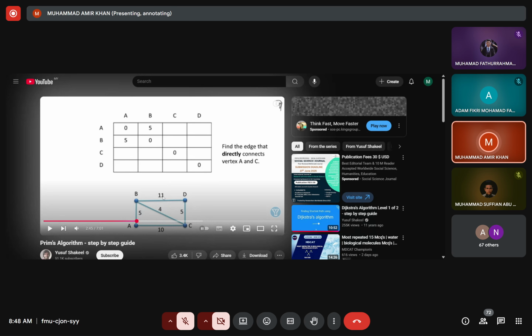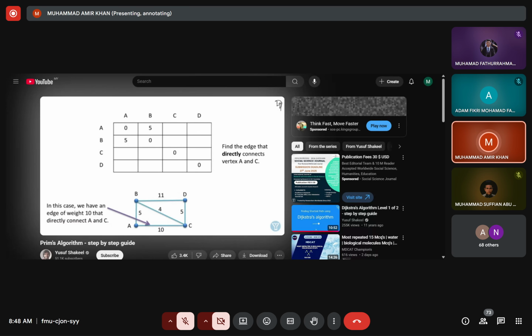This is first. And then find the edge that directly connects AC. For AC, we have 10. So AC and CA, we will write 10. In this case, we have an edge of weight 10 that directly connects A and C. So very simple. We write 10 in cells AC and CA.